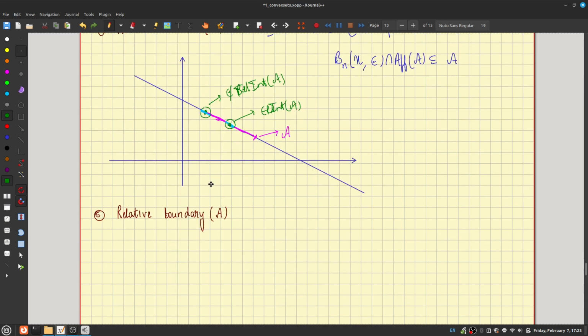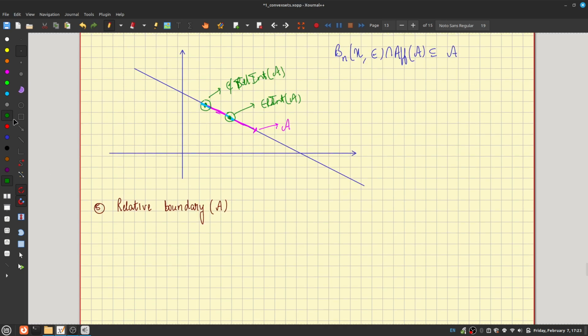Okay. Right. And similarly, I can define the relative boundary of A as simply the closure of A minus the relative interior of A. Boundary of A minus relative.